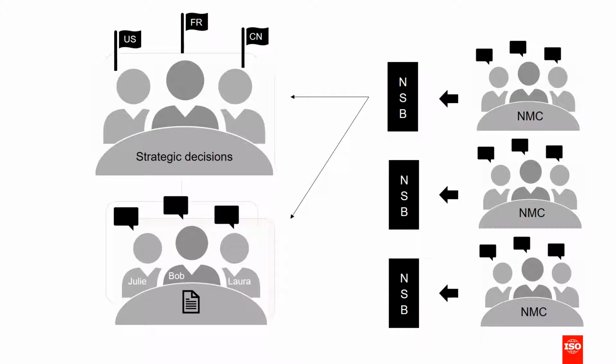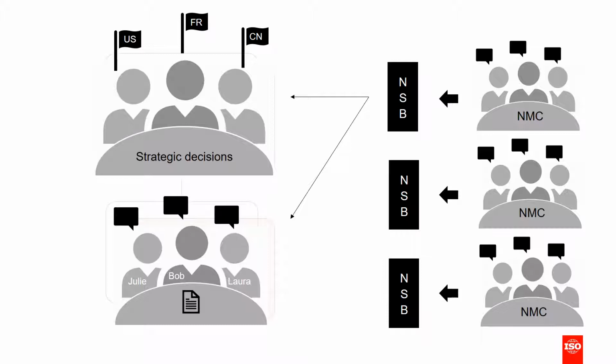The national mirror committees will, for example, nominate a head of delegation to represent the country's position at the technical committee level or at the plenary level if we're at the physical meeting. The NSBs will also appoint experts to the working group. So Julie, Bob, and Laura will be appointed by the different NSBs.